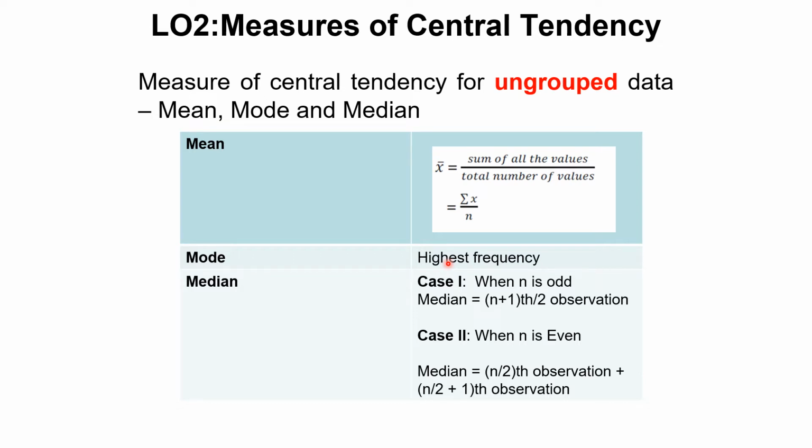For the median of ungrouped data, there are two cases: the total number of data is odd or even. We will look into this in detail in the coming slides with examples.